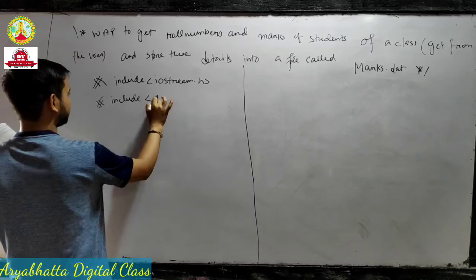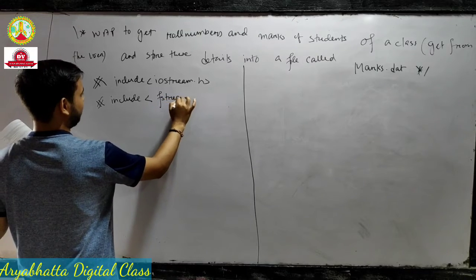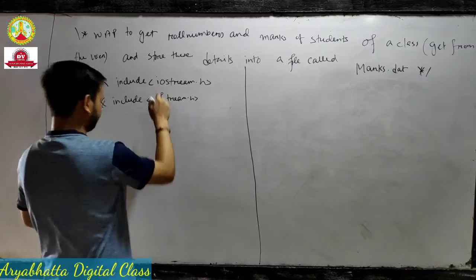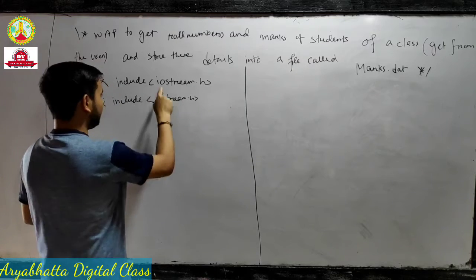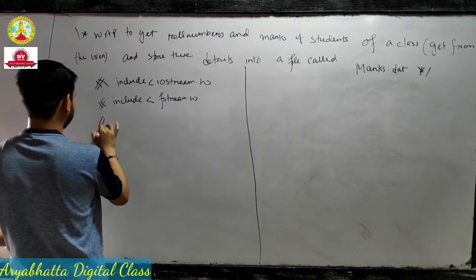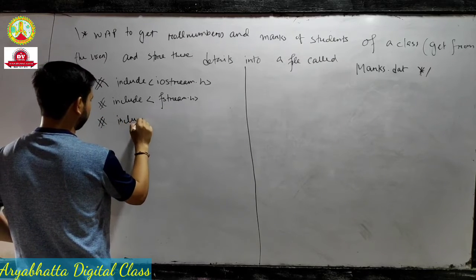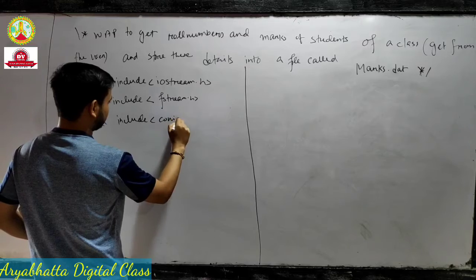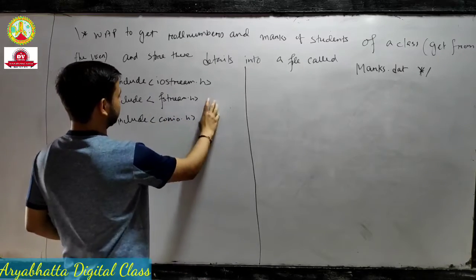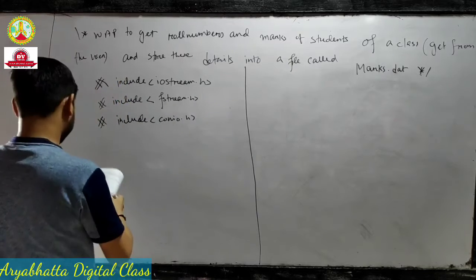And what is this? fstream.h. What is fstream? It means file stream. iostream is input output stream, and fstream means file stream. We have to include this one more header file. And next is the common one, conio.h. So we have to include three header files: iostream, fstream and conio.h, right?